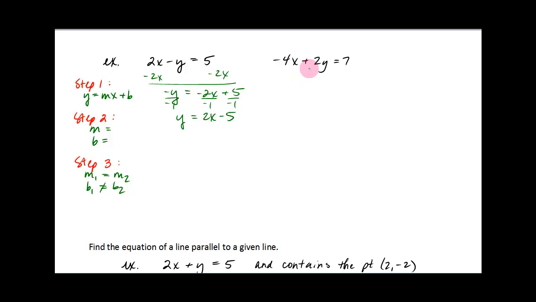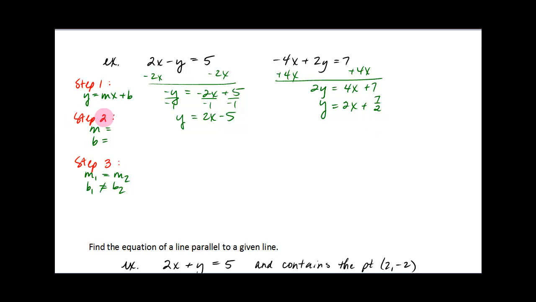Now let's come over here and do that to the second equation. I'm going to add 4x to both sides. I end up with 2y is equal to 4x plus 7. Divide both sides by 2, and I get y equals 2x plus 7 halves.